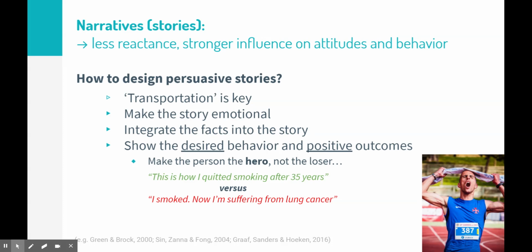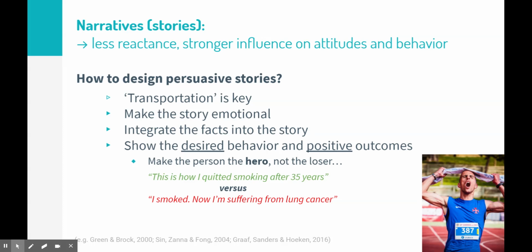Now, studies have found that when you create these stories, it is, of course, important that you really think and act like a storyteller and really try to evoke emotion among your audience and to really make sure that they are fully immersed in it. Furthermore, another important thing is that it is better to focus the story on how a person made a positive change instead of focusing the story on how bad behavior resulted in a negative outcome.